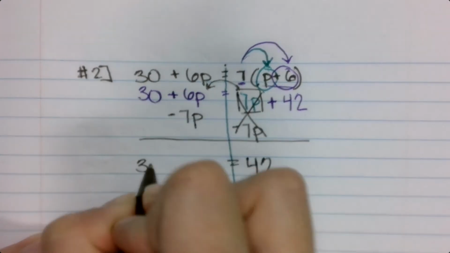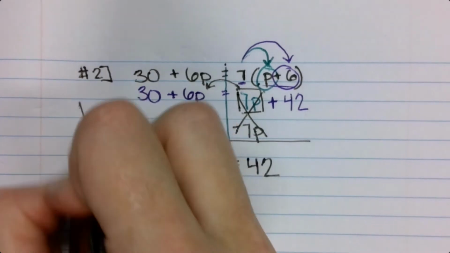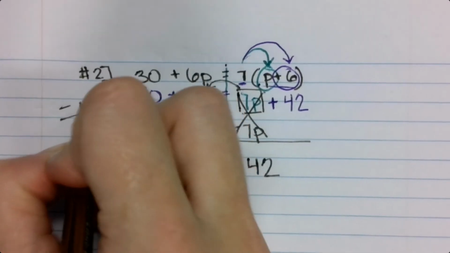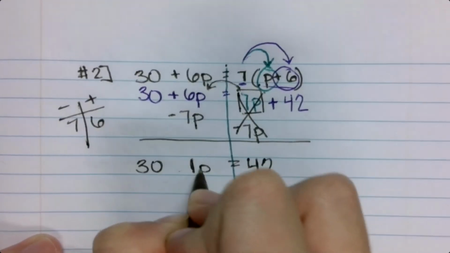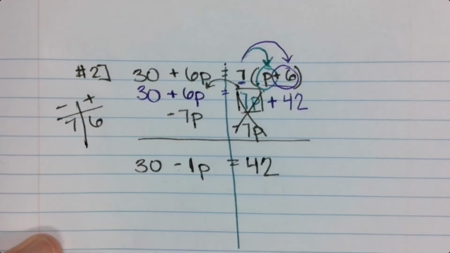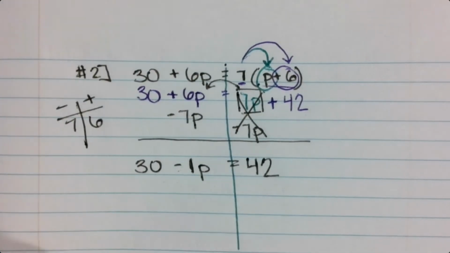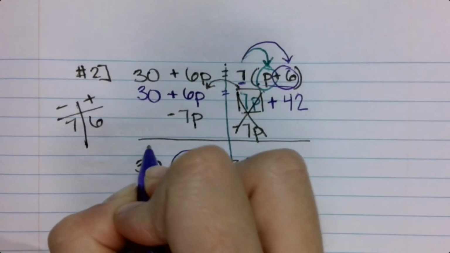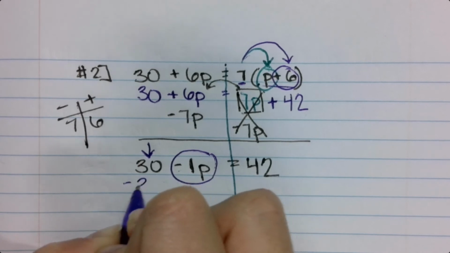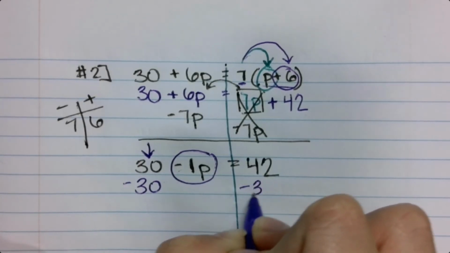I have 30, and this one's a little bit harder. That's going to be a 1, and it's going to be negative. So again, it's a two-step equation. I'm still isolating the variable. This is what I want to get alone, so this needs to move. The inverse is minus 30 on both sides.